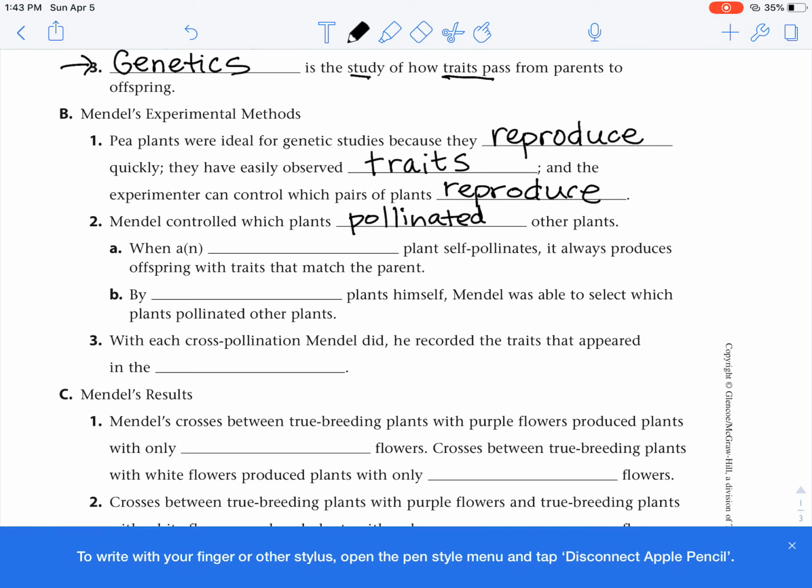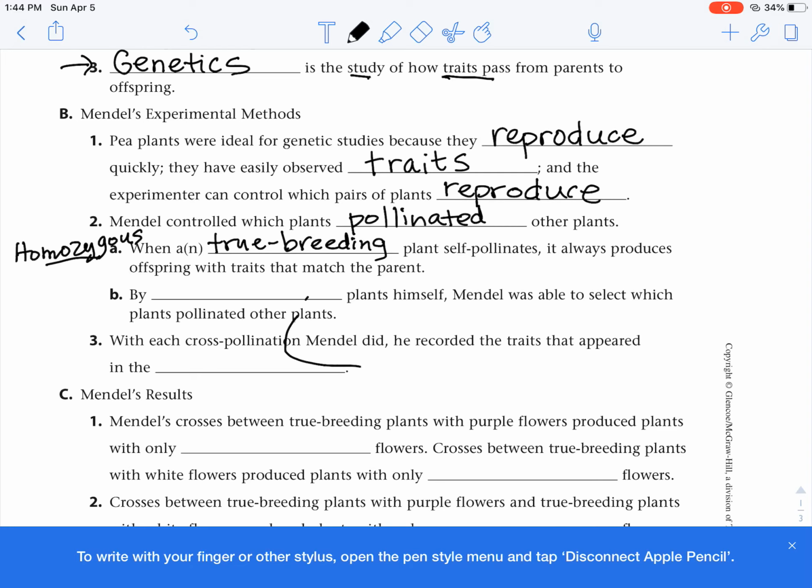All right, and how did he do that? Well, when a true breeding plant self-pollinates, it always produces offspring with traits that match the parent. We're going to learn in a later lesson that a true breeding plant is called homozygous. Homozygous is another word for a true breeding plant.